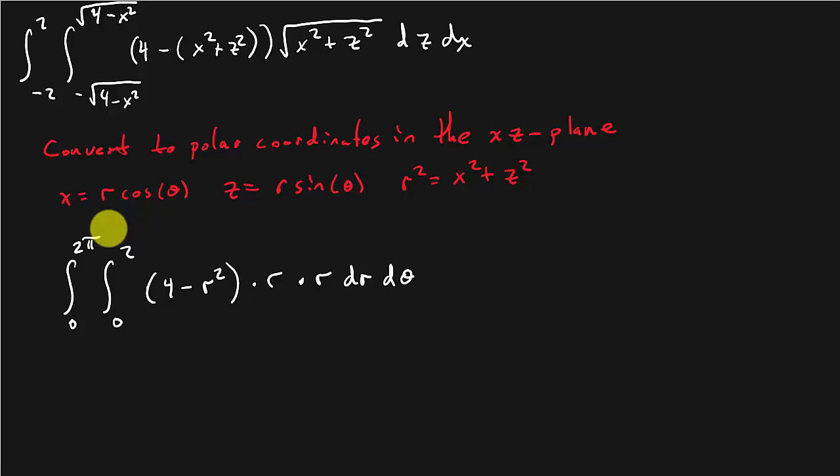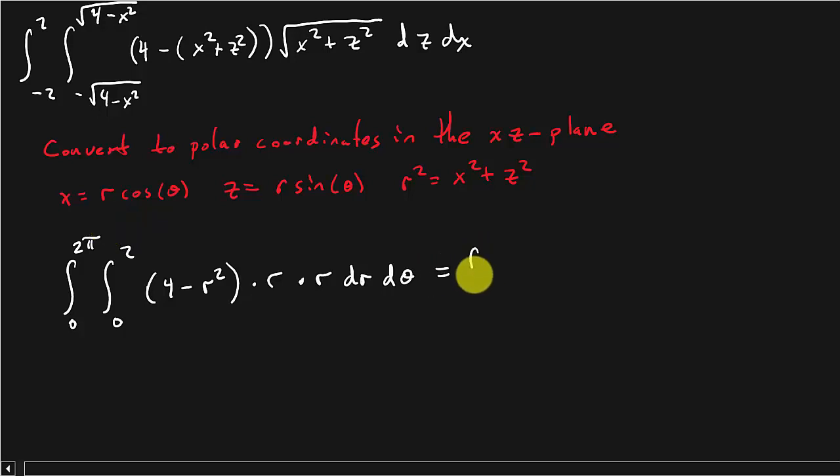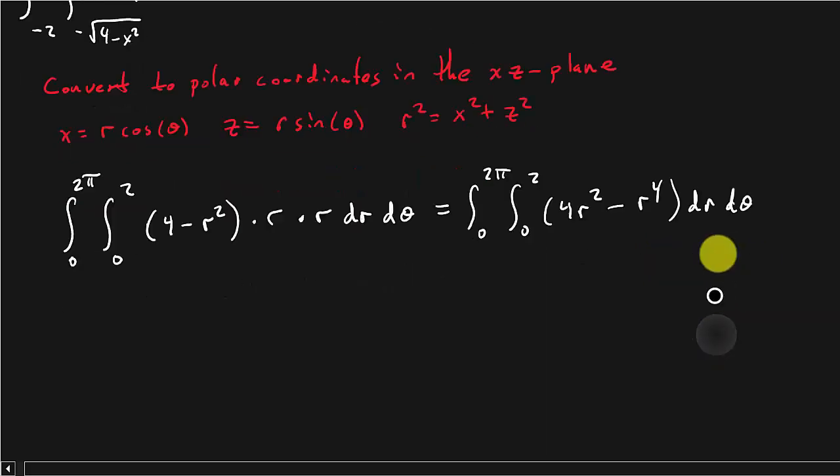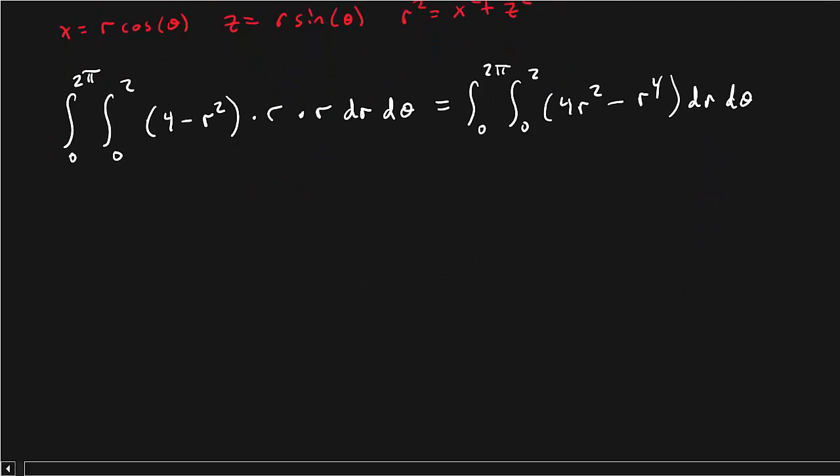Okay, all right, so this is going to be 0 to 2 pi, 0 to 2, and then we will end up with 4r squared minus r to the 4th dr d theta. And now, you can see this is going to be easy to evaluate.